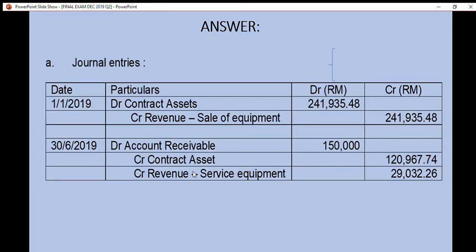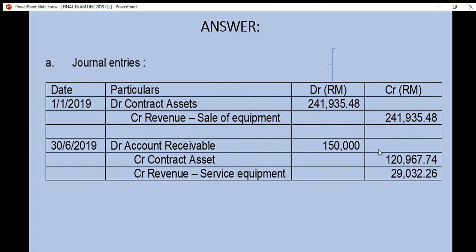Then we have to credit contract asset. This is to offset the contract asset recorded on 1st January. We need to offset the contract asset by half, because on 30th June 2019, half of the performance obligation has been satisfied.